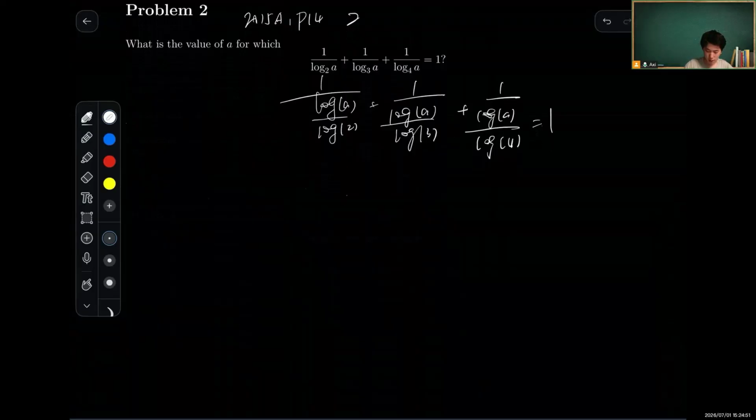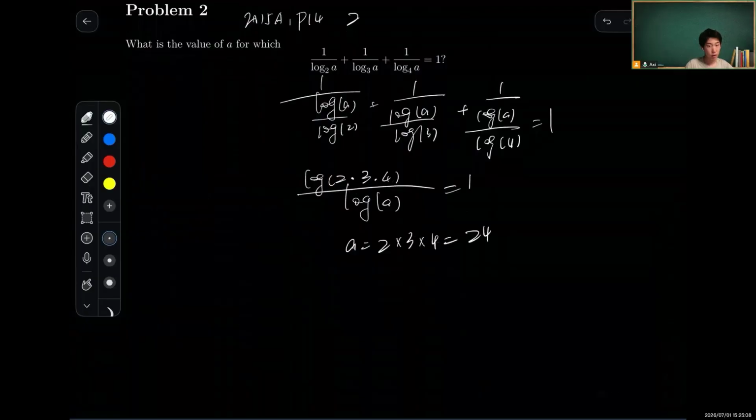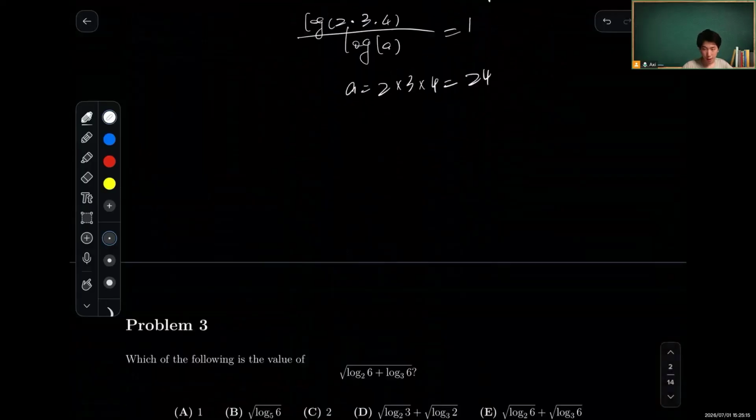Then this is actually simply equal to log a under log 2 plus 3 plus 4, so it's multiplied when we move it into the parentheses, and this is 1. So a is simply 2 times 3 times 4. The answer is 24. Did you get it correct? I hope so. Let's keep on practicing by moving on to the next problem.